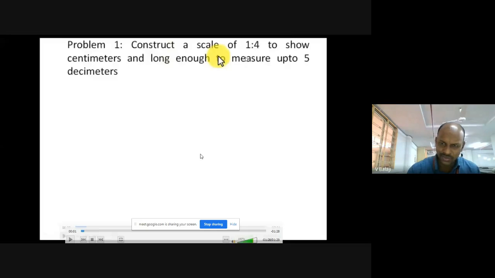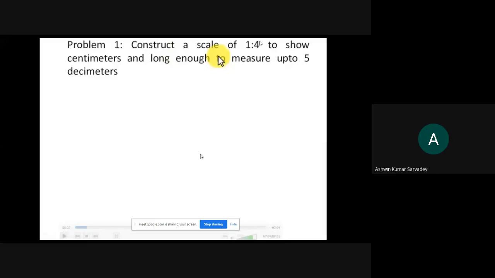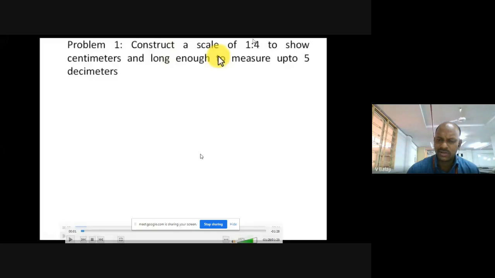Scale of 1:4. What is the meaning of 1:4? Anybody can guess? Ratio. What is this 1:4? Representative fraction, what I discussed now.